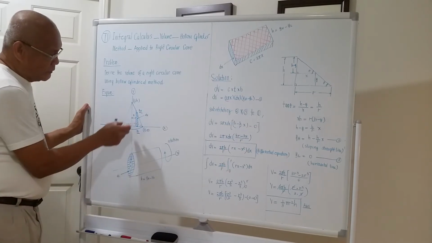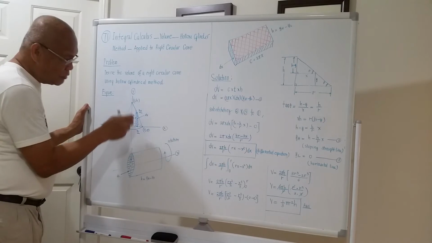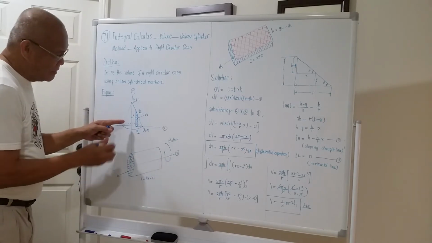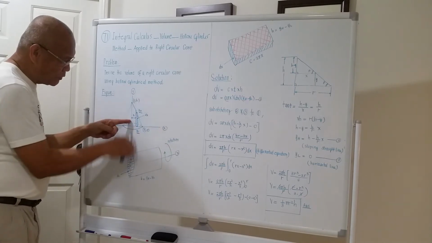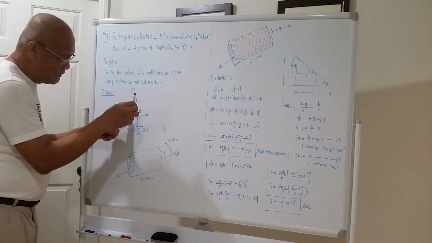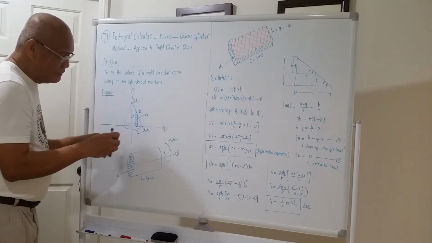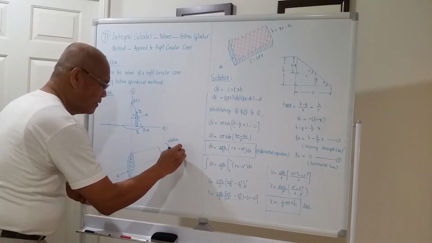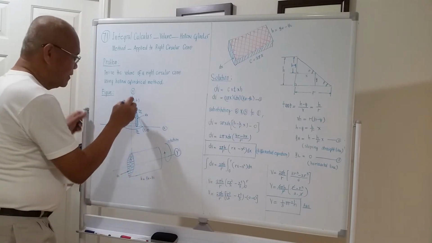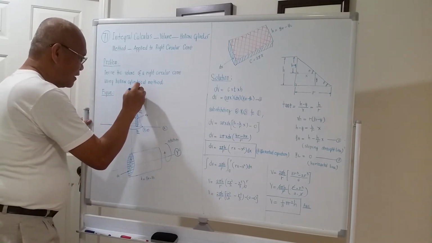The radius, or the distance of the differential area with respect to the axis of rotation. This should be y, guys. The rotation will be something like this.